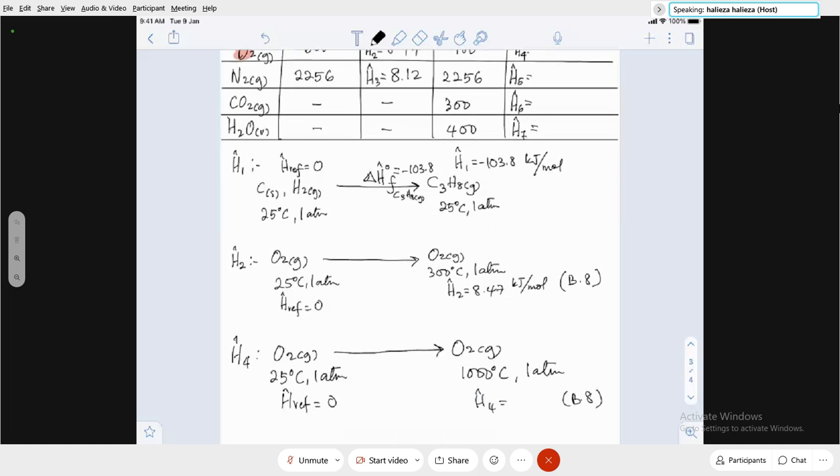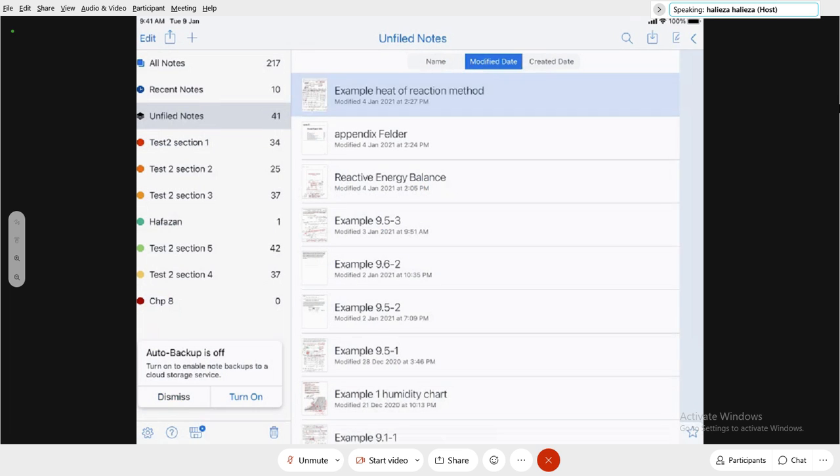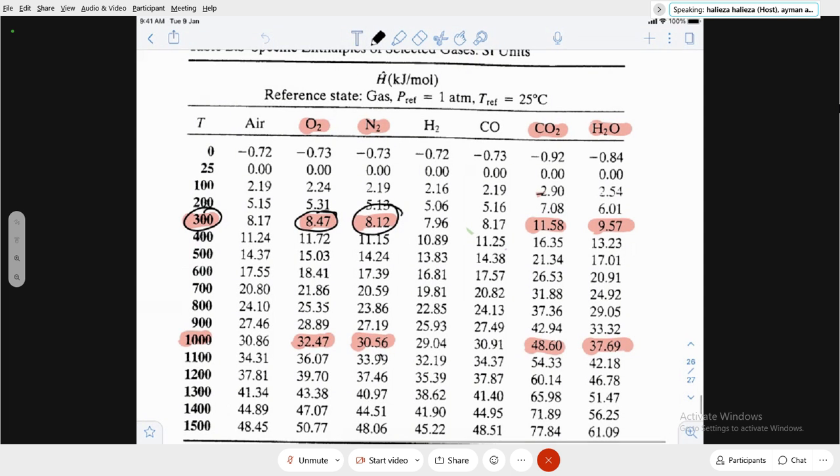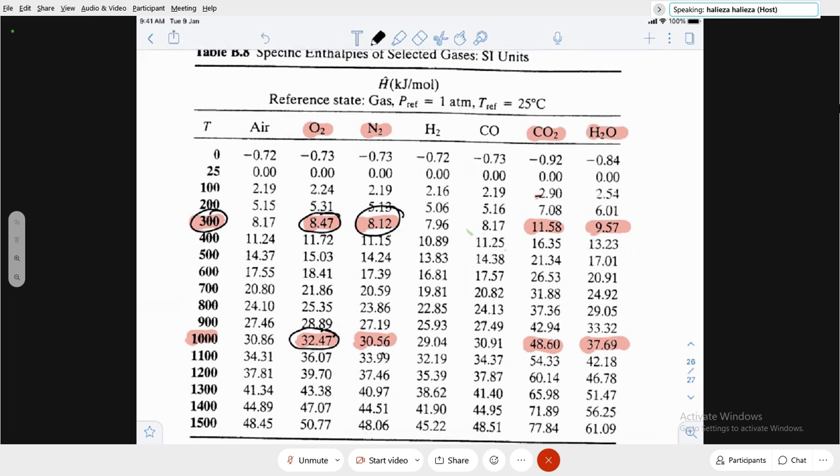This is the same value that we got yesterday: 32.47, from appendix B8. Sorry, I said B7 at first, but it's B8. So at 1000, the value for your oxygen is 32.47. And if you do the same thing for nitrogen, it's going to be 30.56.